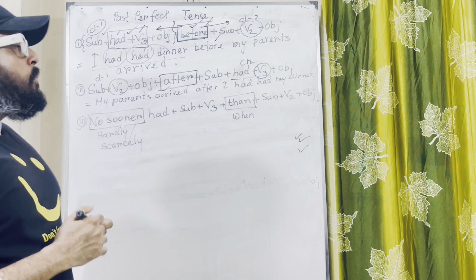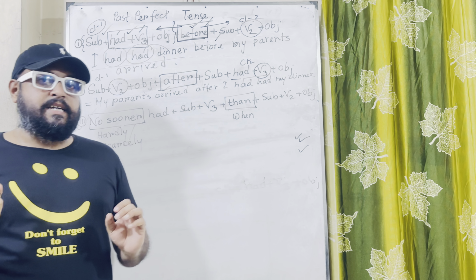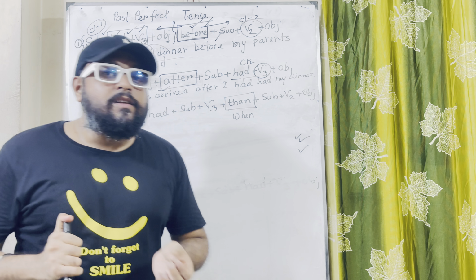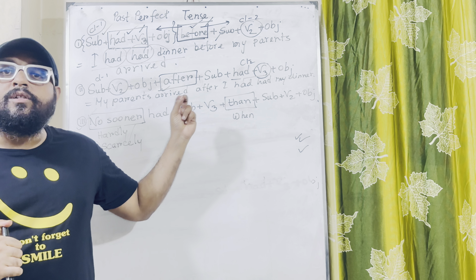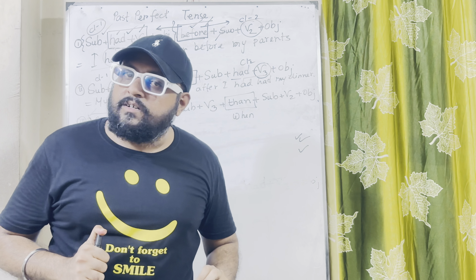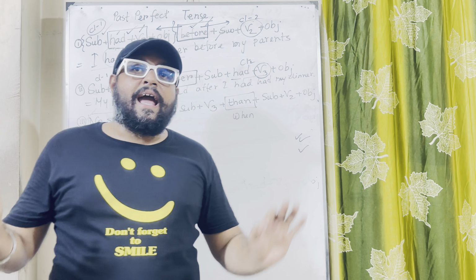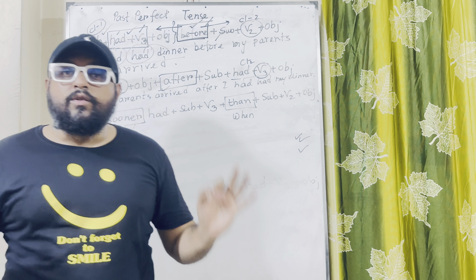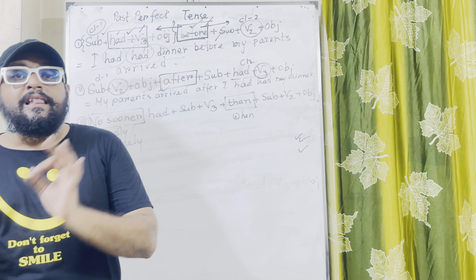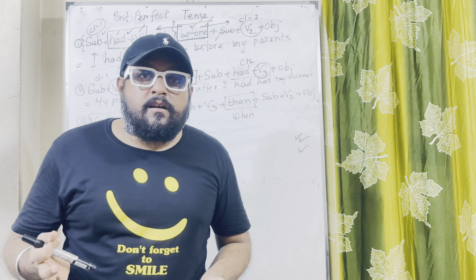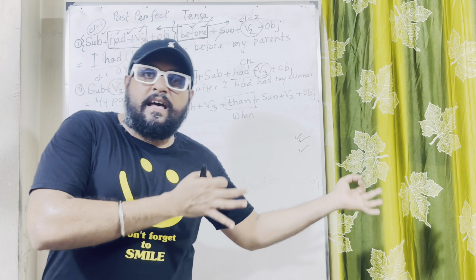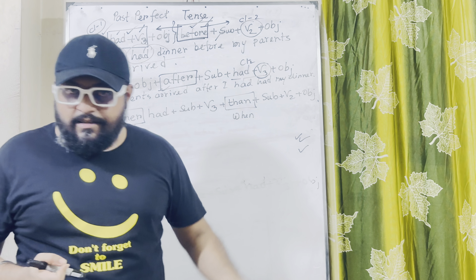Now the point is, past perfect tense is not stuck only within these two patterns, after and before, because language does not follow any specific rules and regulations unless the speaker uses them in the correct places.